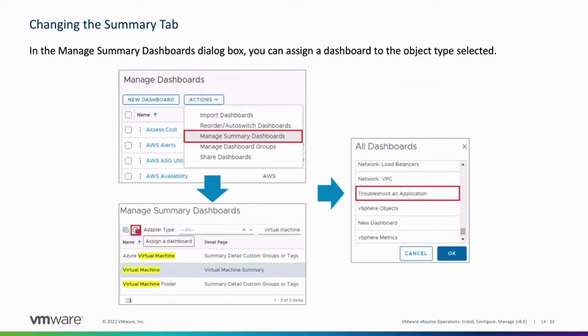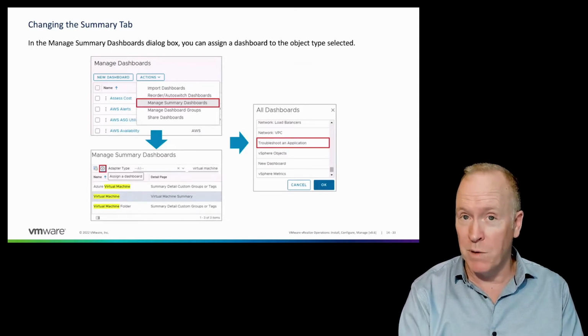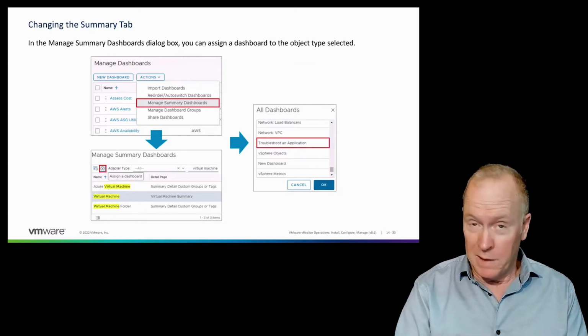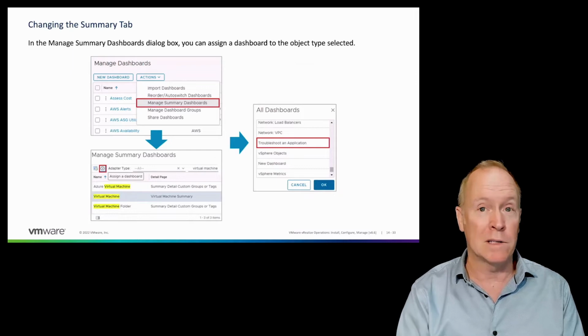I'd click this button, and that will pop up the window that we see over here, which is a list of all the dashboards. All you have to do here is select the dashboard that you do want to display for virtual machines, and then simply click OK. Again, this is the process for changing the Summary tab so that it displays a different dashboard than the default for a particular type of object.